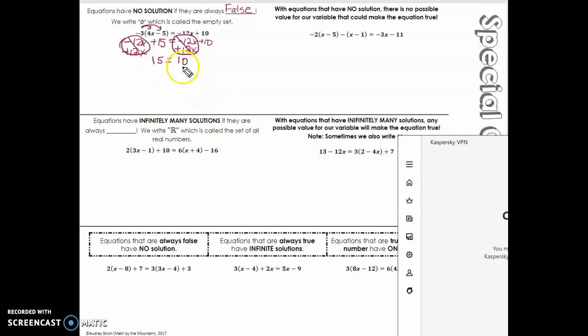15 equals 10. That's where the falsehood comes in. That's not equal. That's false. So that's how we know we have no solution. And we can write that solution with the 0 with a line through it using the empty set symbol. Or we can write no solution.